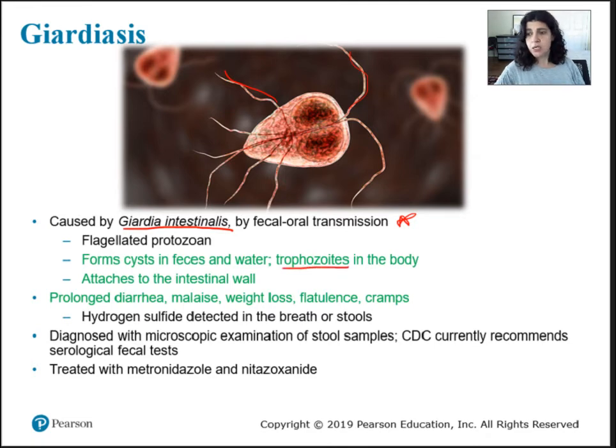Okay? You usually can get contaminated with this by drinking water, for example, from creeks and lakes where the water was not filtered. If you're in the mountains, you're going to have that type of situation. Prolonged diarrhea, malaise, weight loss, flatulence, and cramps are also a way to have this disease.